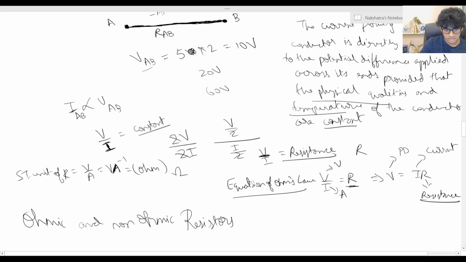This is its representation, ohm, named after the scientist who made Ohm's law.